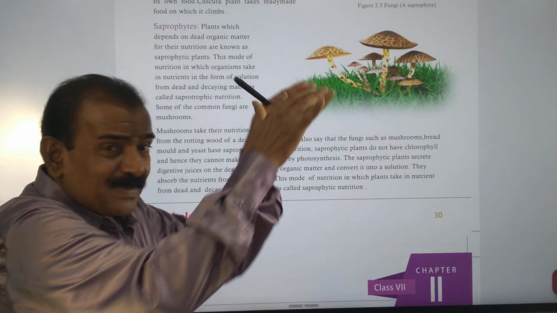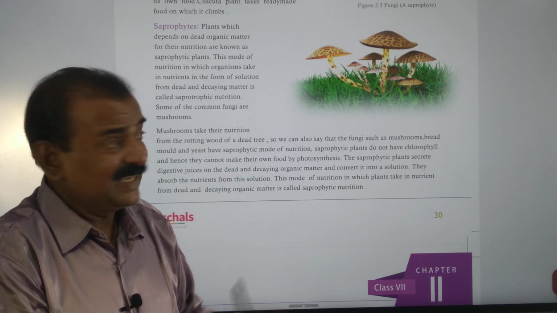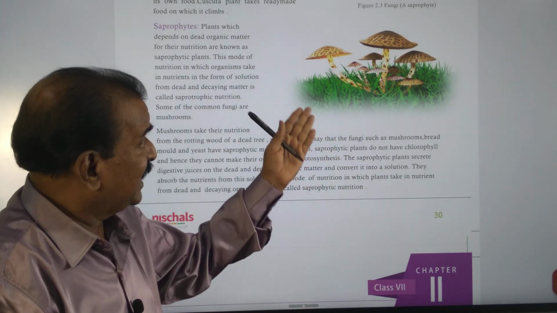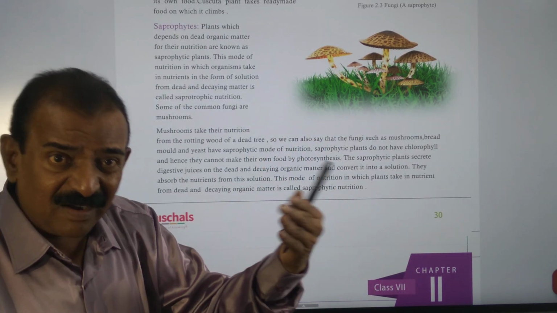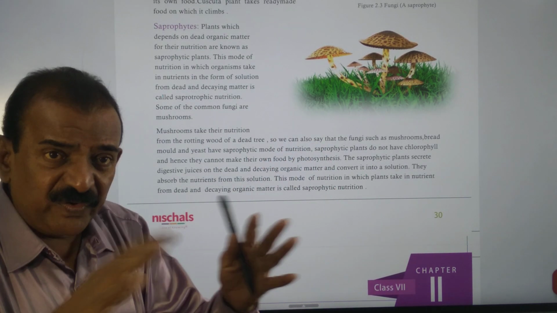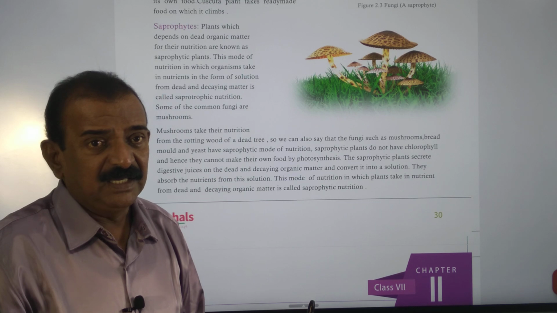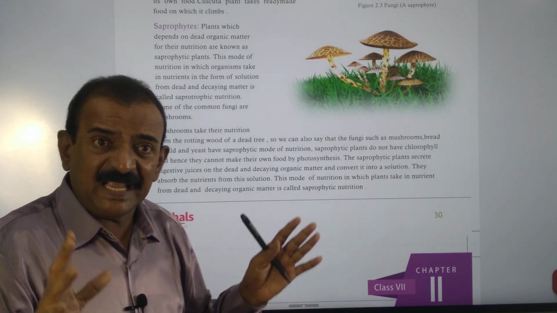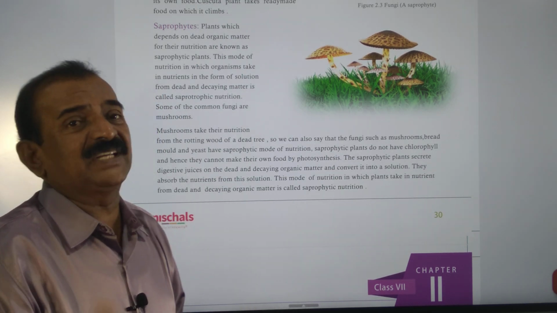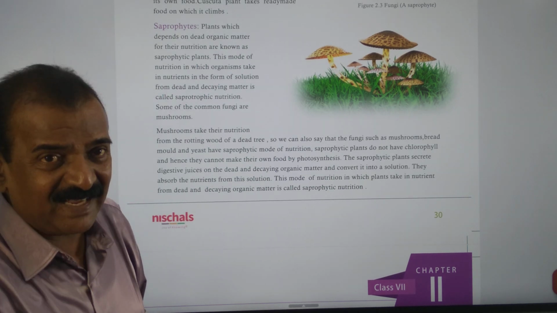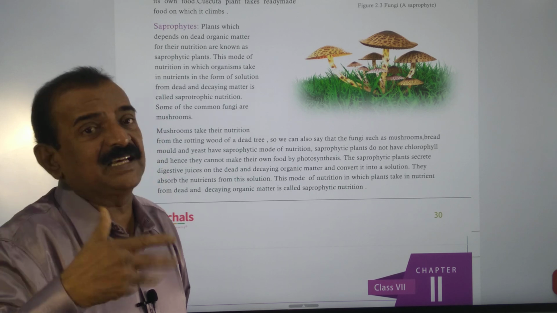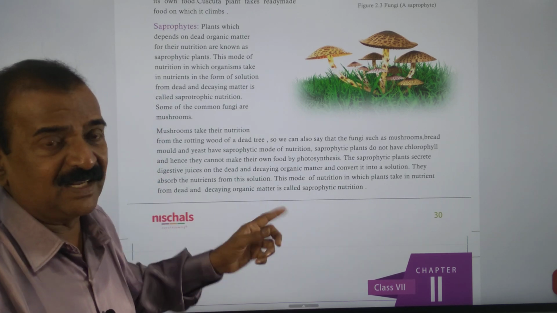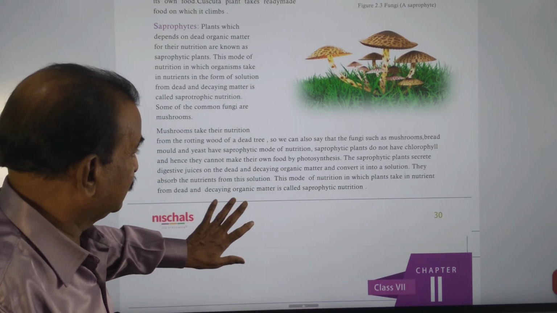They have an umbrella-like structure, get food from dead organic matter, and chloroplasts are absent. They produce secretions outside the body, digest the food outside, absorb it, and in this way they survive. This type of nutrition is called saprophytic nutrition.